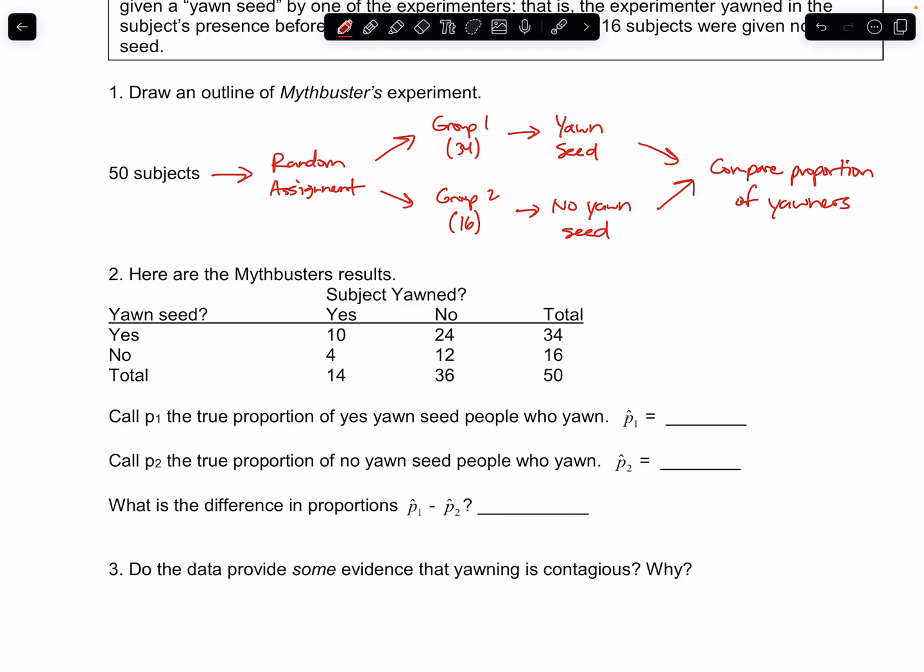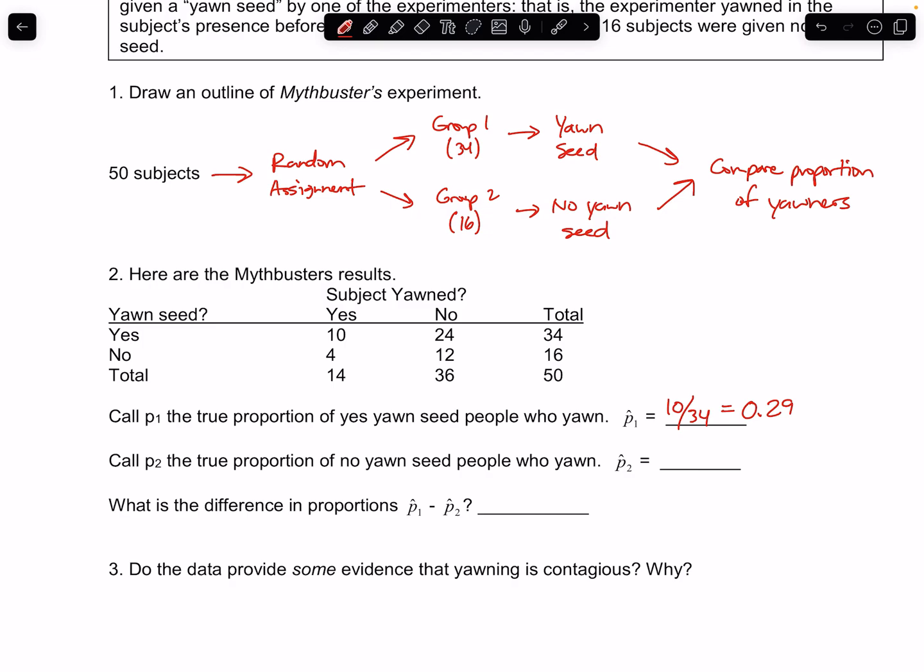But our first directions say to call P1 the true proportion of yes yawn seed people who yawn. So I know that's a little confusing, but that means yes yawn seed, yes yawn. So that would be 10 out of those 34 people, which comes out to about 0.29 as a decimal. So that's our p-hat 1.